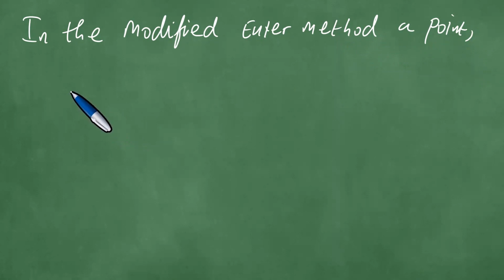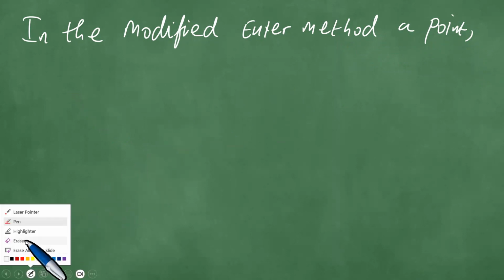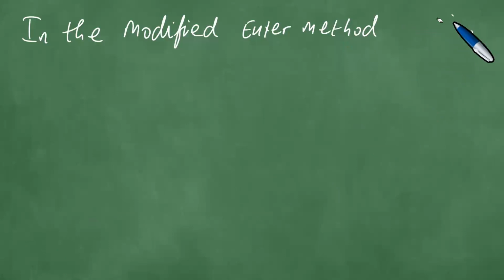I want to say in the modified Euler method because I'm drawing a comparison between the modified and the Euler.